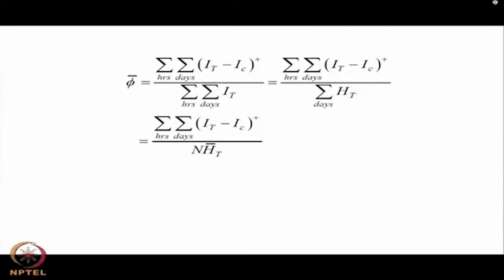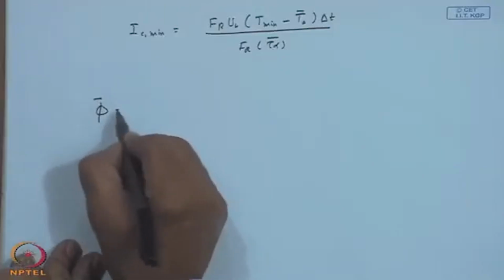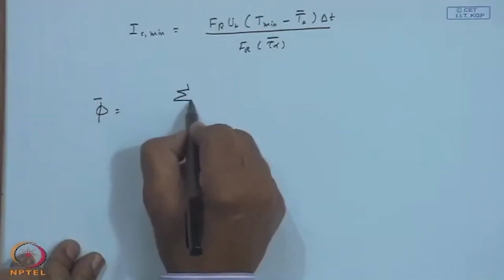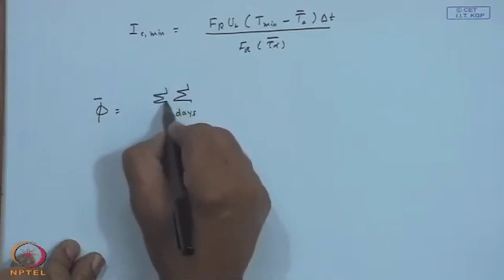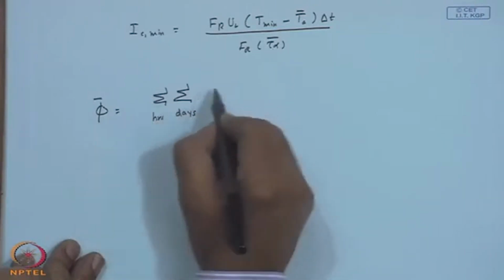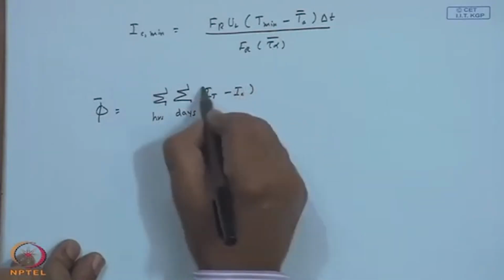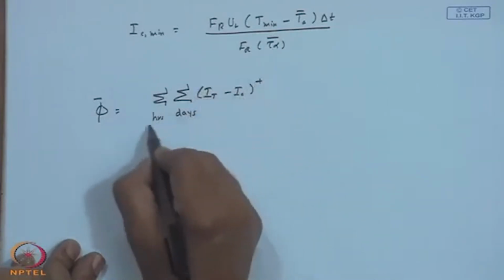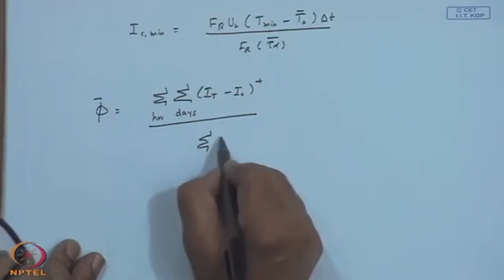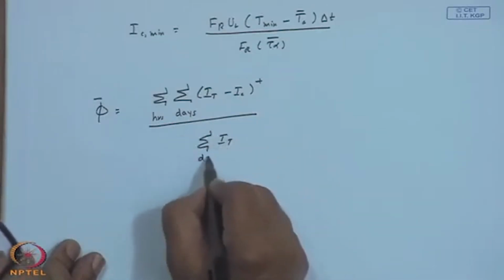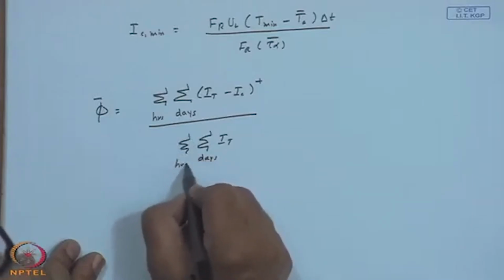So, from the definition, how do I write down? Now, my phi bar should be equal to summation over days, over hours, of I t minus I c superscript plus, by summation of I t over days, over hours.